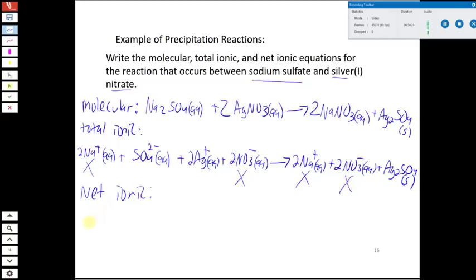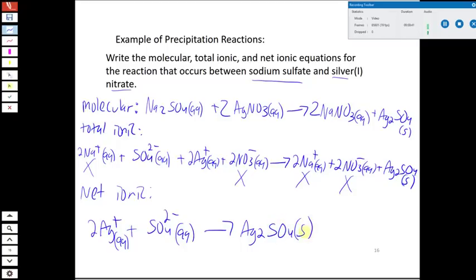And we're left with 2 silver pluses on the reactant side, sulfate SO4 2 minus, combining to form insoluble silver sulfate Ag2SO4 as a solid. All right, so once again, our net ionic equation is just the 2 ions that combine to make our precipitate. All right, last questions on that.